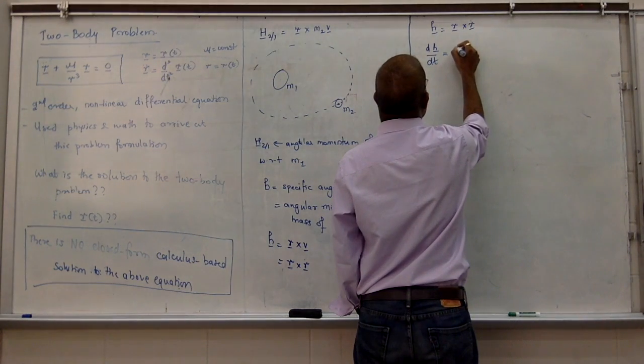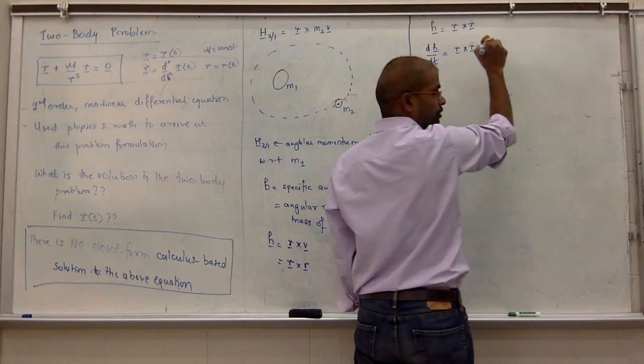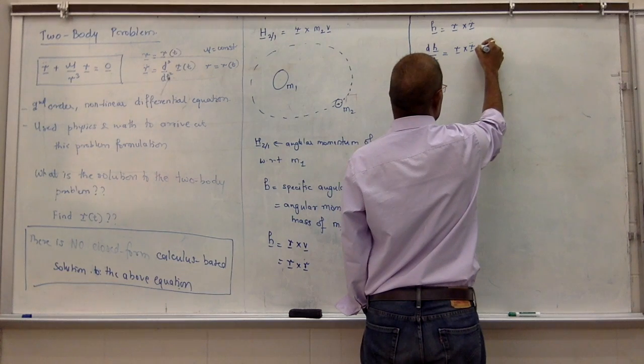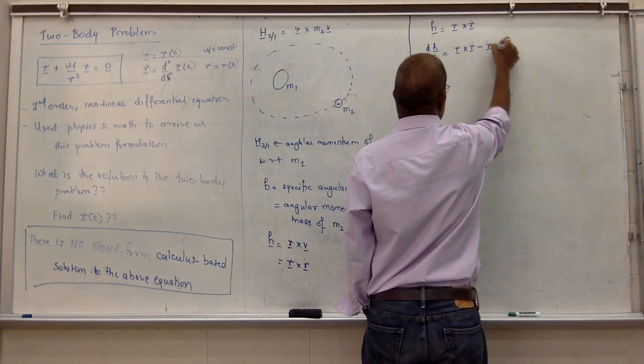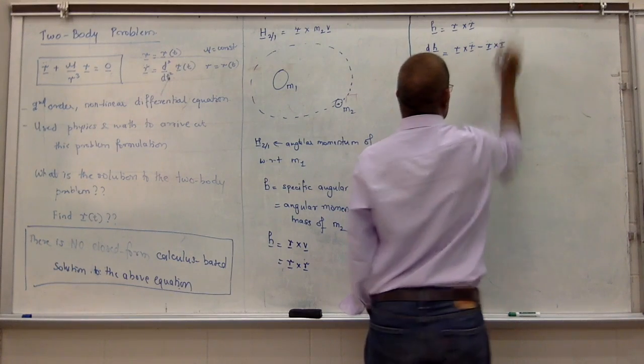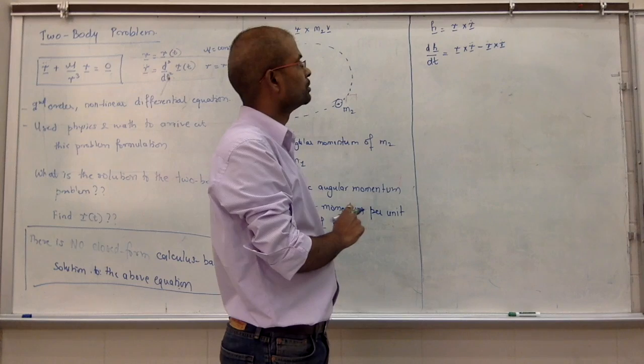So if you look at this, how do you take the derivative of a cross product? You get R cross with R double dot minus R dot cross with R dot.